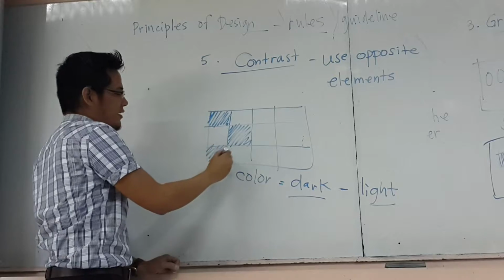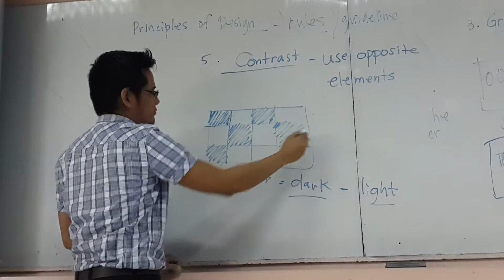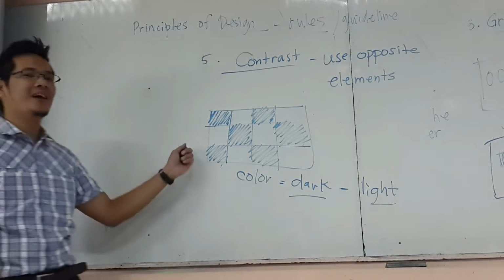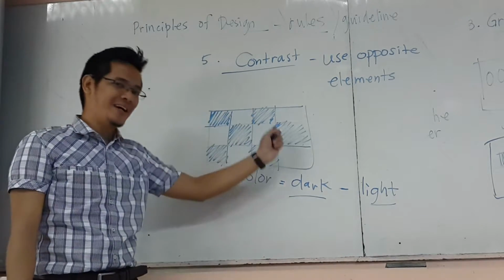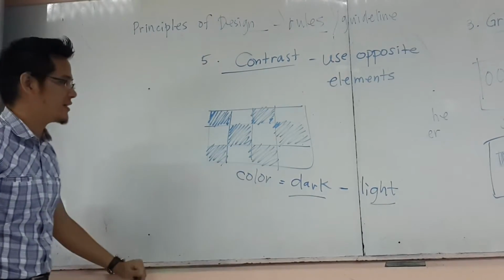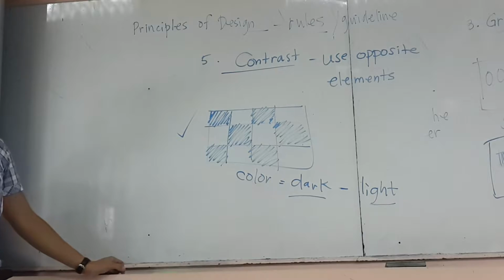What do you call this design? Chess? Yeah. Okay, we call this the checkered. Black, white, black, white, black, white. So we create contrast in our design. So this will give you a nice effect.